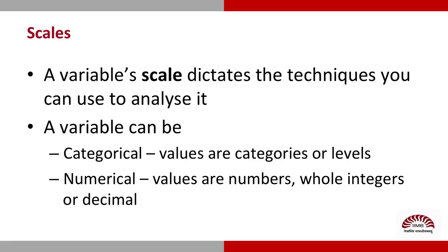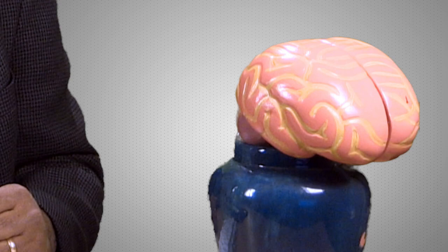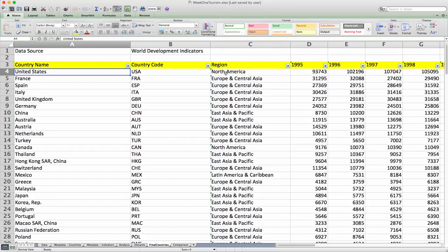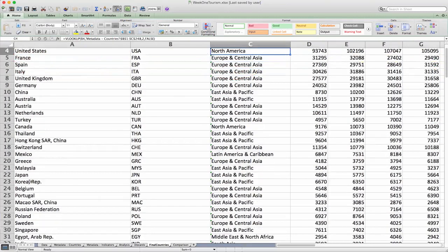So far, we've been dealing with numerical variables in the form of tourism receipts. There are other types or scales of variables as well. Scales are important because they determine the techniques that we will use to analyze the data. What's the mean of the region variable? You get my point. I have United States here at the top belonging to North America region.